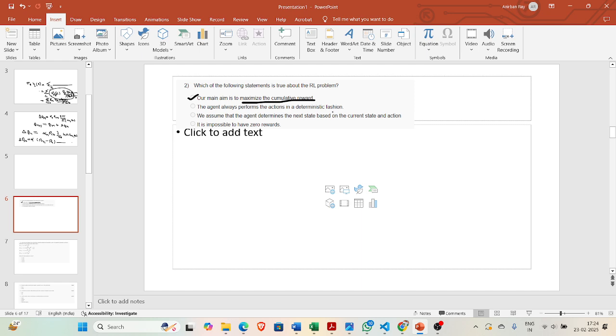That's not correct at all. It can be probabilistic. And we assume that the agent determines the next state based on the current state and action? It may not. It is impossible to have a zero reward? Zero reward can be there, but the full algorithm should not have zero reward. So the first option is our answer.